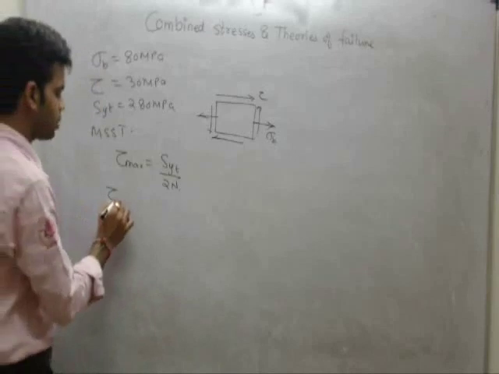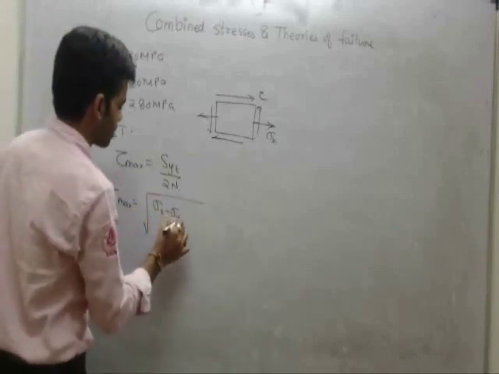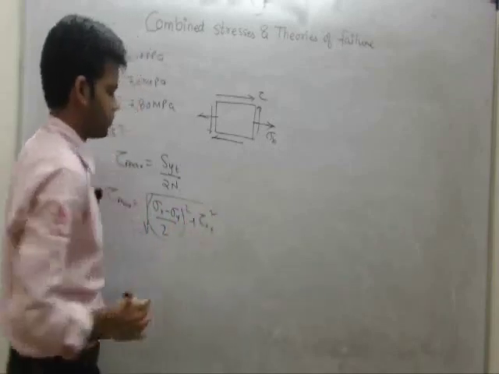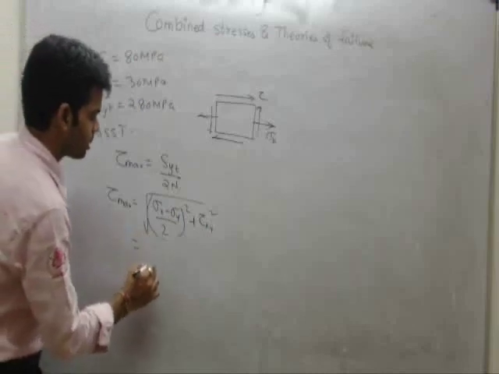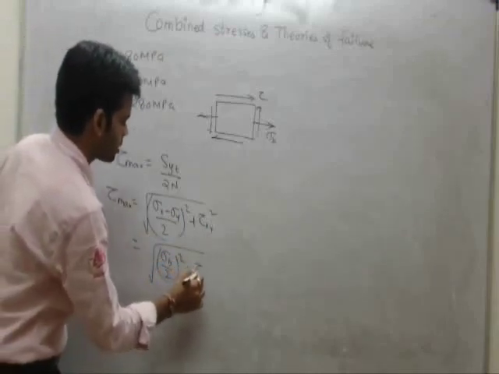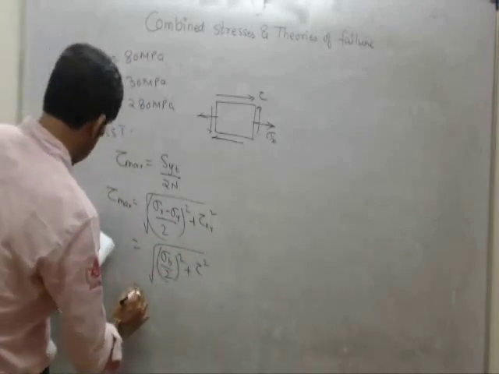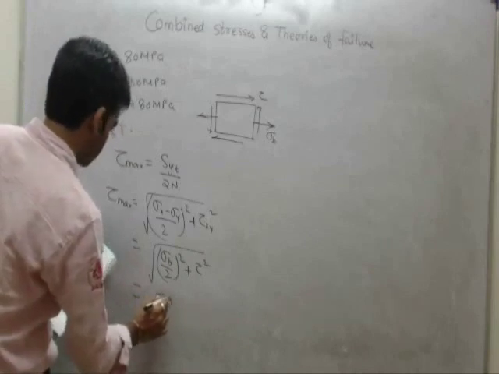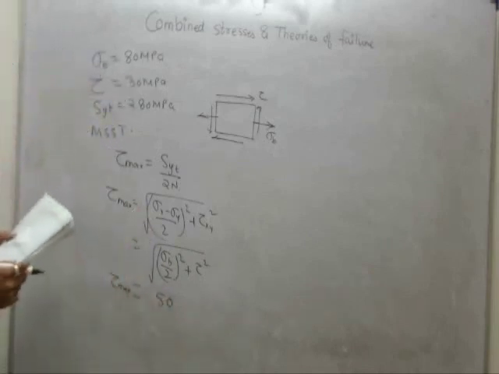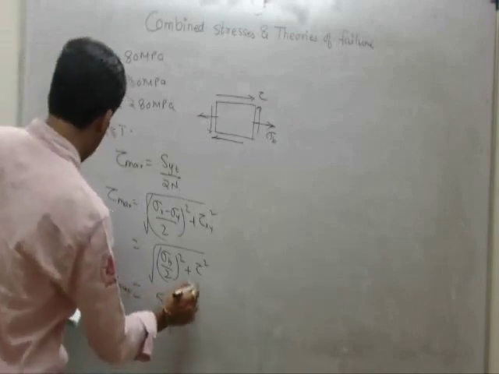In this case tau max will be equal to under root of ((sigma x minus sigma y) by 2) whole square plus tau xy square, or this can be written as under root of (sigma B by 2) square plus tau square. Just put the values, we will get tau max as under root of 40 square plus 30 square, which will be equal to 50 megapascal. This is tau max, 50 megapascal.